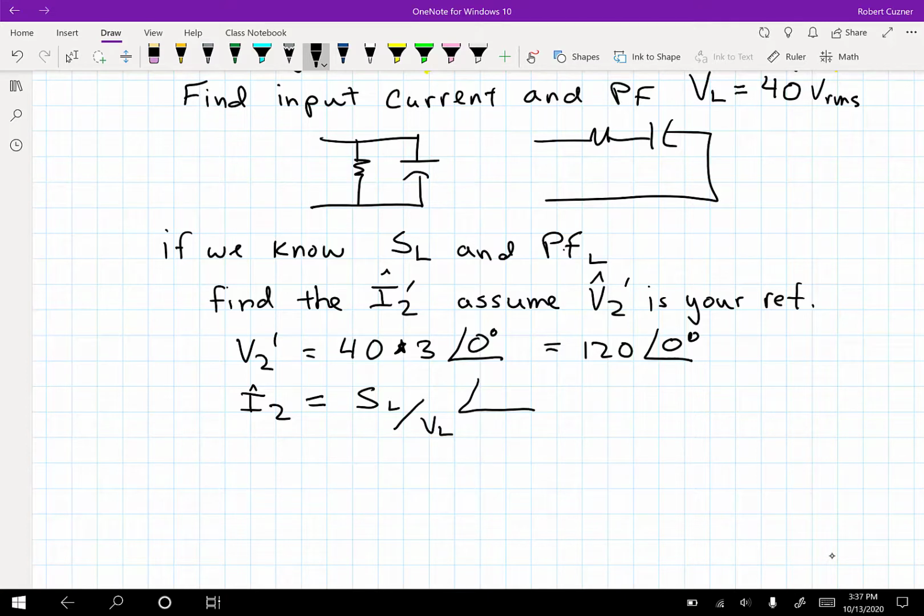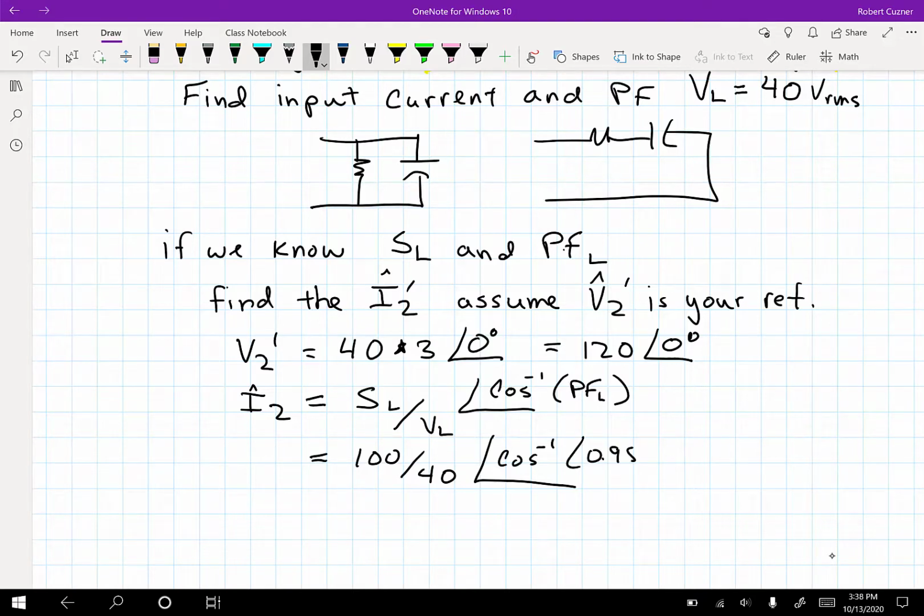We know that it is a positive angle because it's a leading power factor. So we would say inverse cosine of the load power factor. And so we have 100 divided by 40, and we have to find the inverse cosine of 0.95.